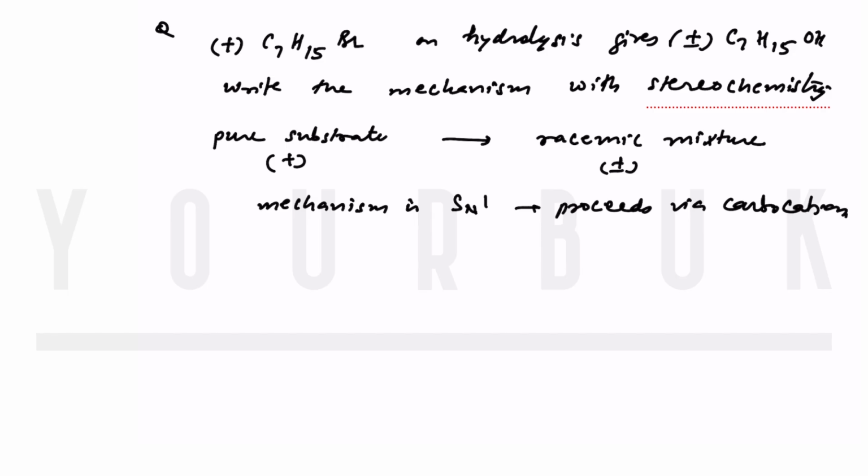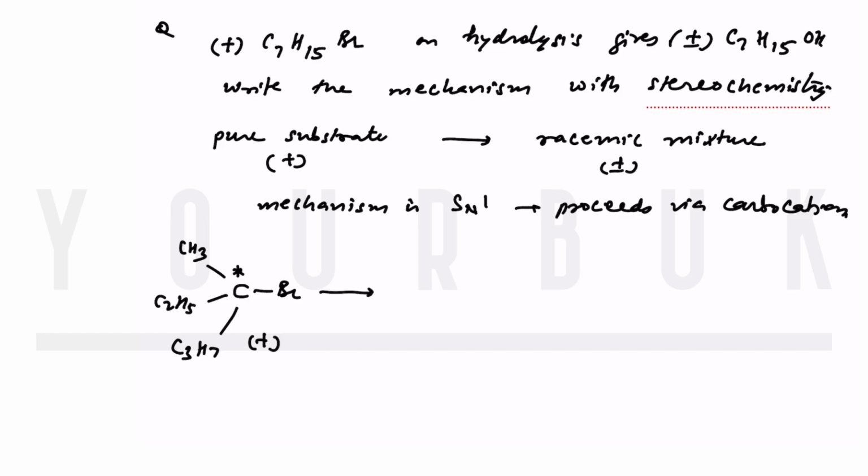So my substrate is this: CH3, this is C2H5, and this is C3H7, and this is my chiral carbon. This is the plus isomer.